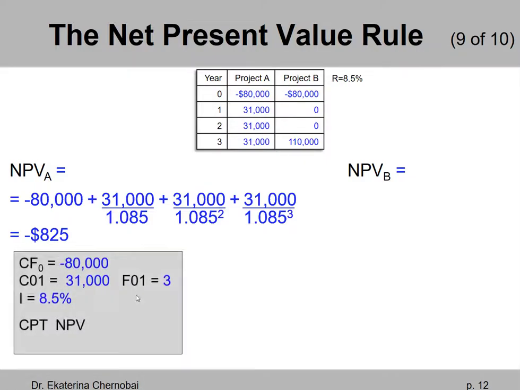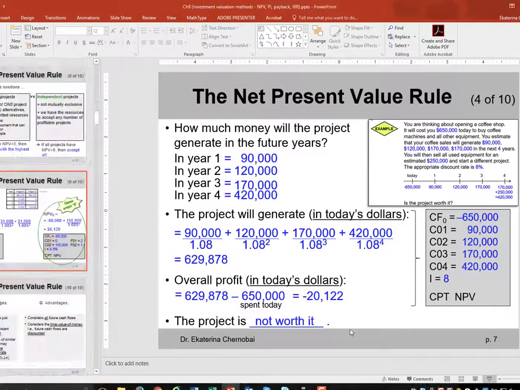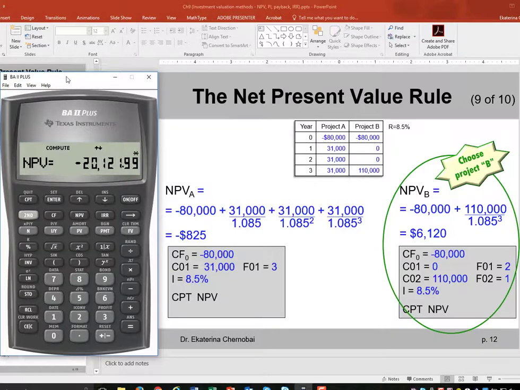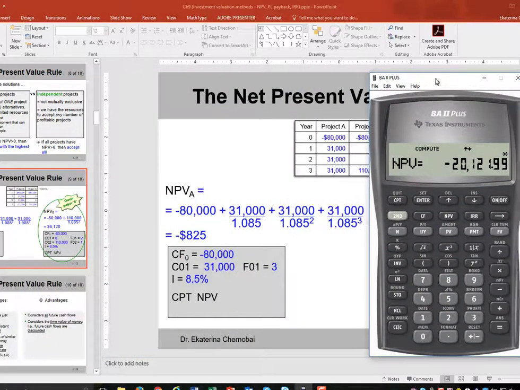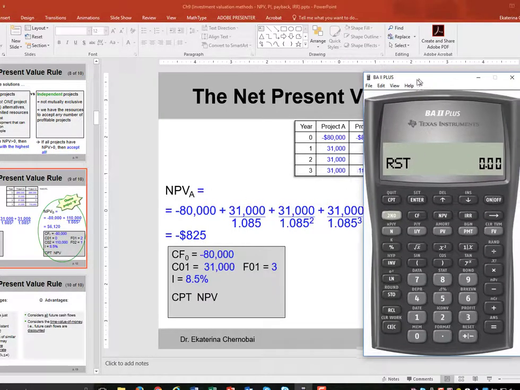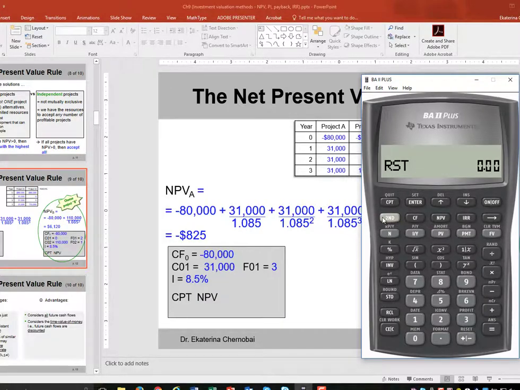Of course, you can do it in the financial calculator. Let me bring it up. So let's clear everything. I pressed second plus minus enter. Let's find the net present value for project A in one step using the cash flow keys. So I press the cash flow button.